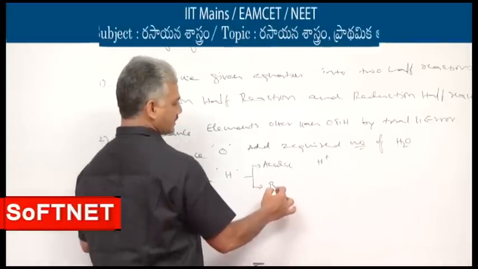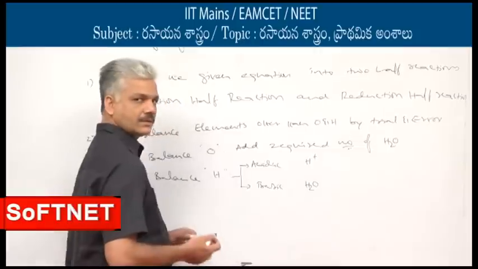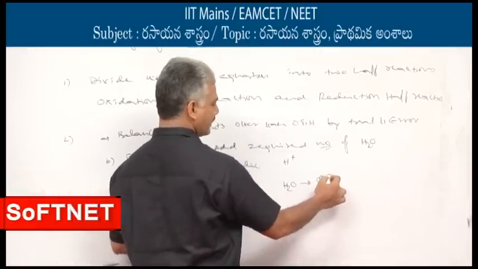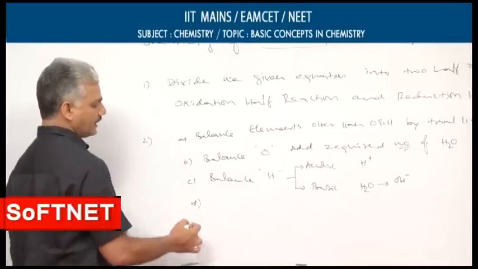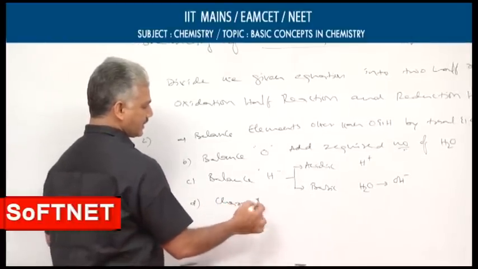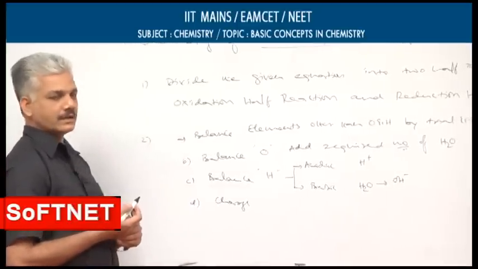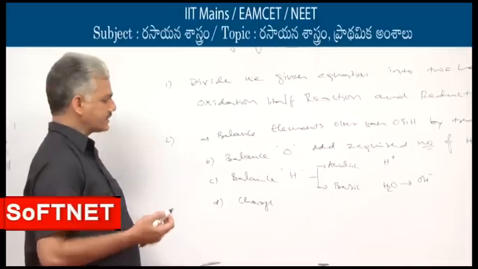If the reaction takes place in basic medium, first we should add water molecules on the deficient side and an equal number of OH minus ions on the opposite side. Then finally, charge has to be balanced by means of addition or subtraction of electrons.